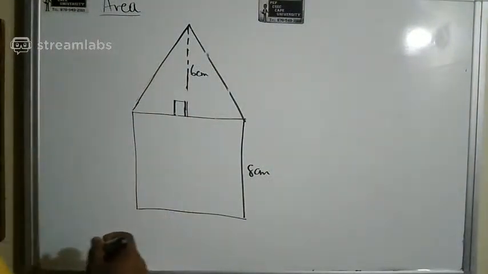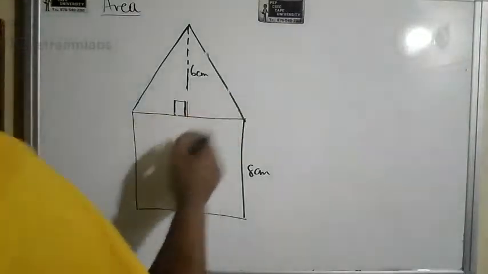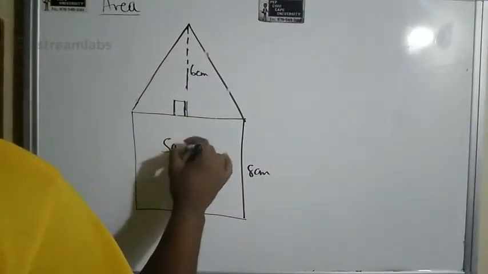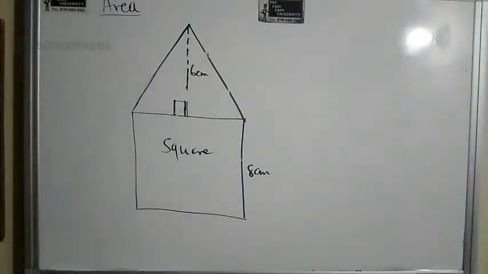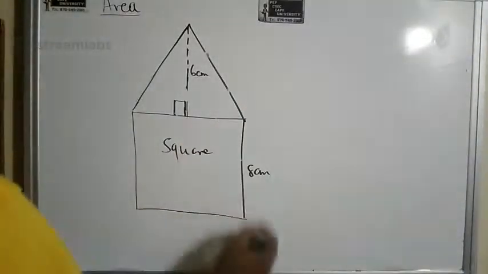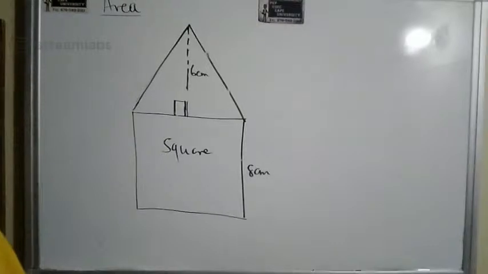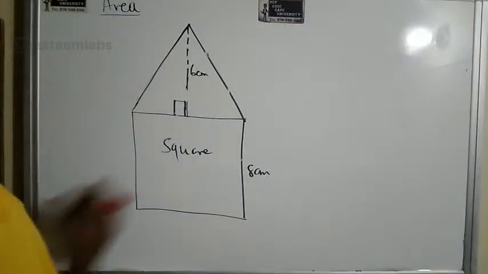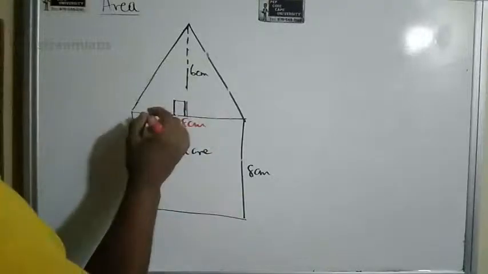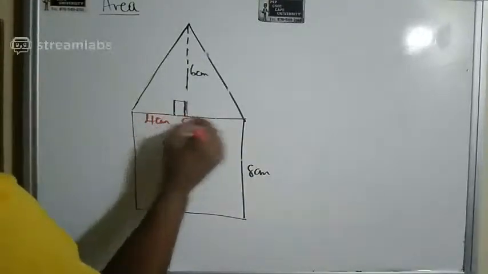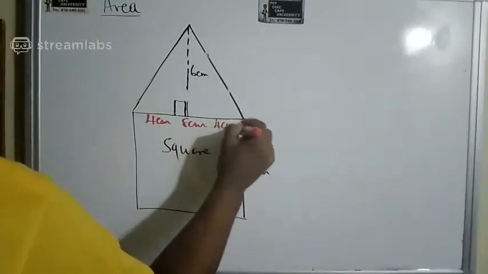And they told us that this was a square. I'm not gonna write the notes, but that is what they told us. That's a square. So what it means, square has all sides equal. So right here is 8 also. So we can just split it and say this is 4 and this is 4.